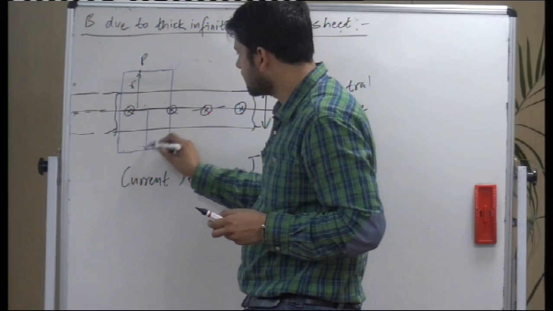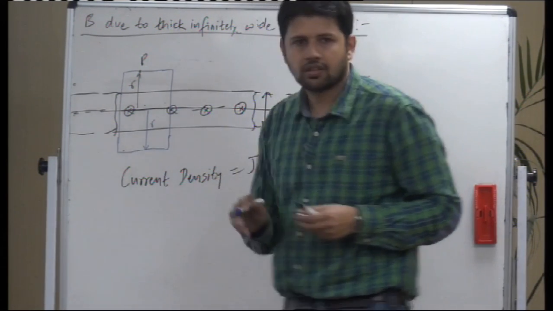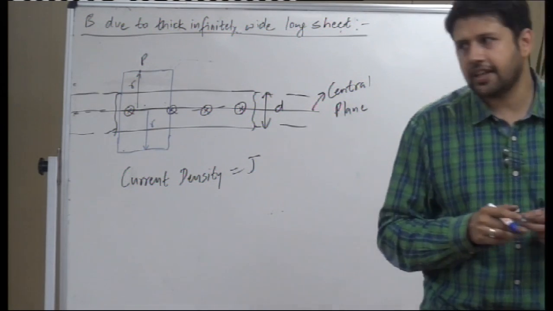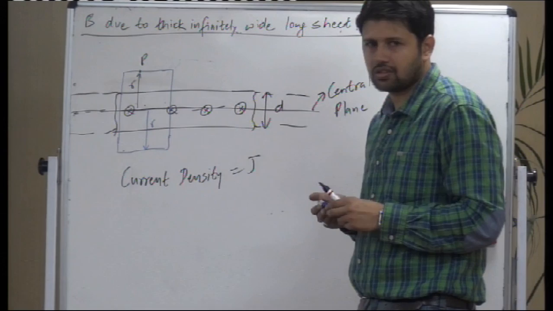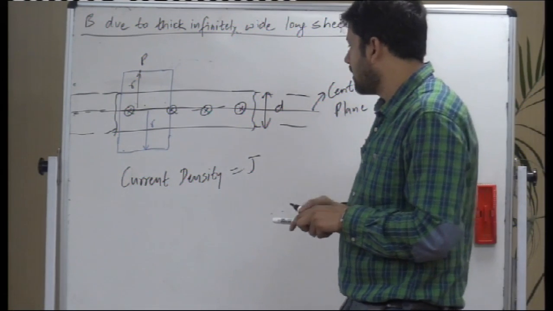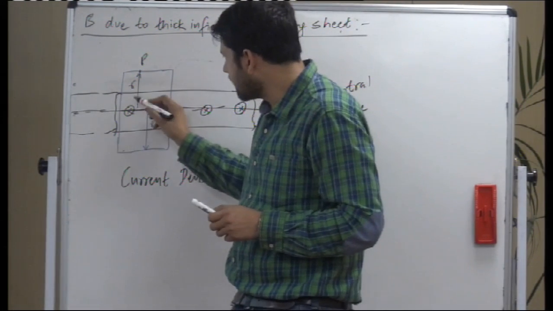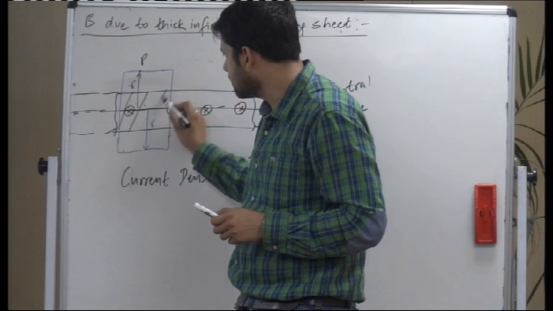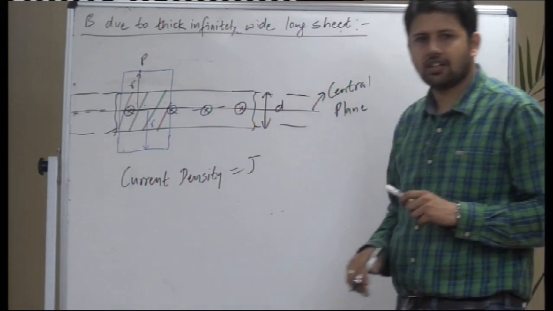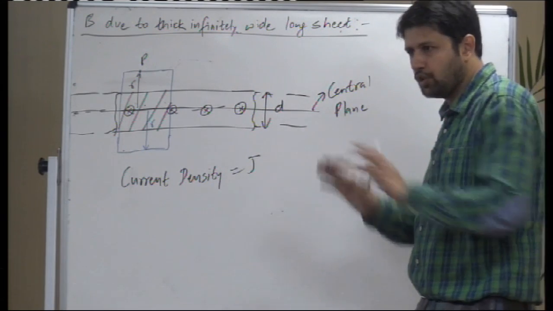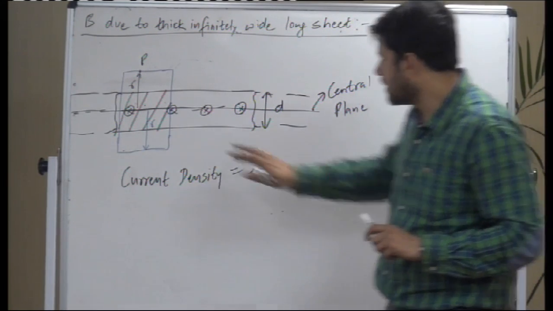Obviously, the distance here would also be r. Symmetry has to be maintained, so r distance above and r distance below. This is the kind of loop. The current enclosed would be this much. Any current through this shaded area will pass through the loop.